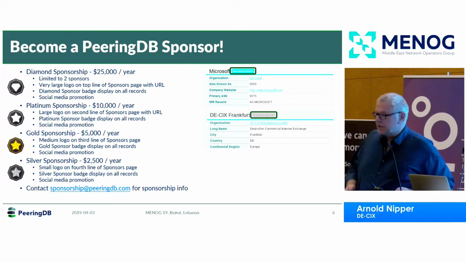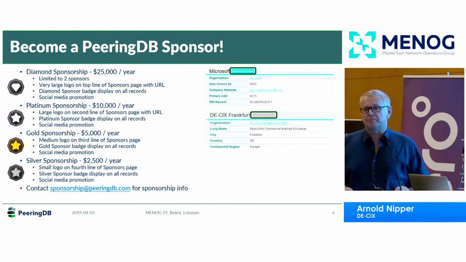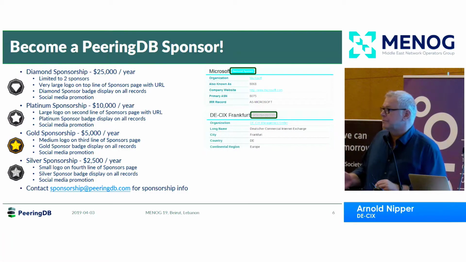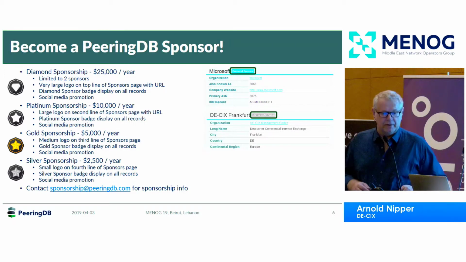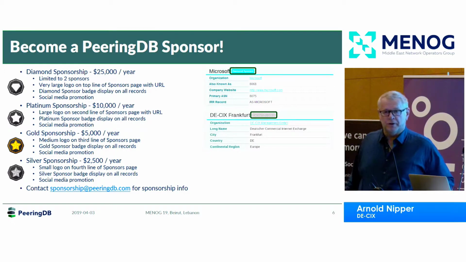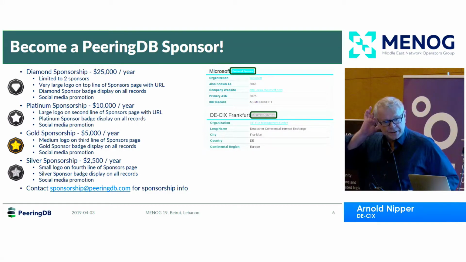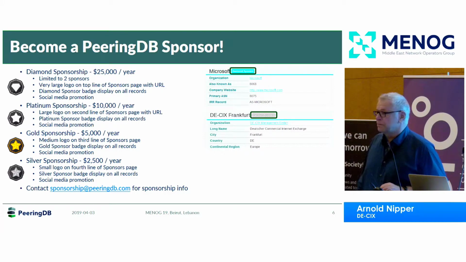I already mentioned this. PeeringDB, of course, costs money, but it does not cost money for the end users. The reason for that is very simple. We have hundreds of thousands of end users, and it would be nearly impossible to write the bill for everyone. Therefore, we go on a sponsorship model, and a lot of companies think it's a good idea to sponsor PeeringDB, especially they are using PeeringDB also to offload work.